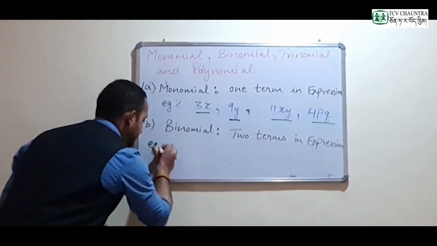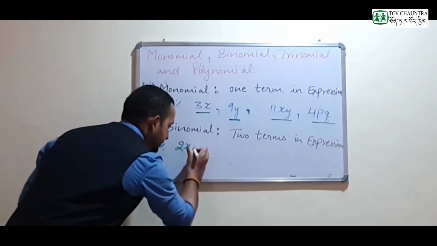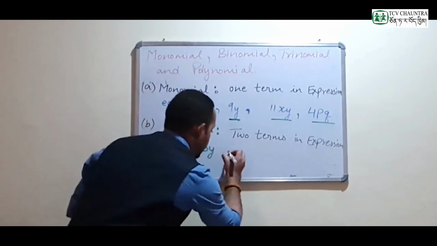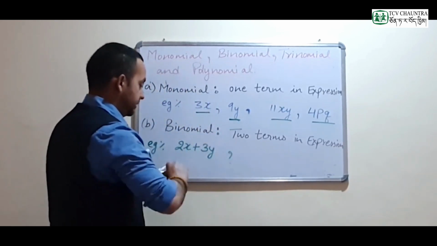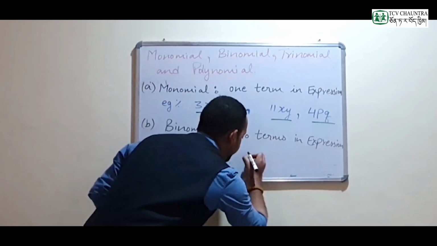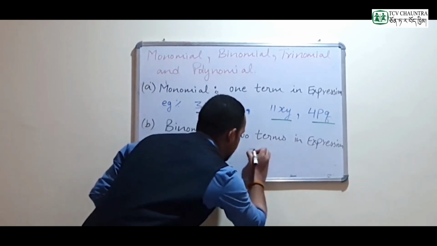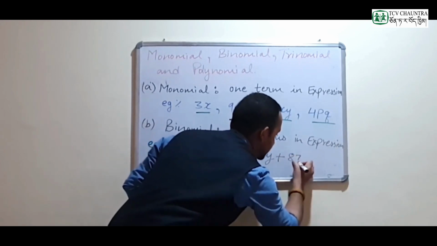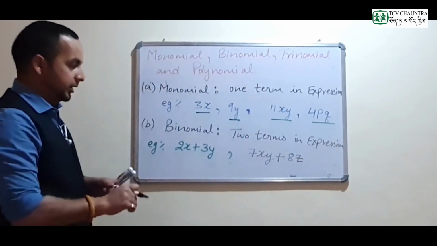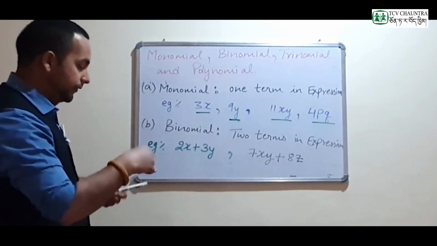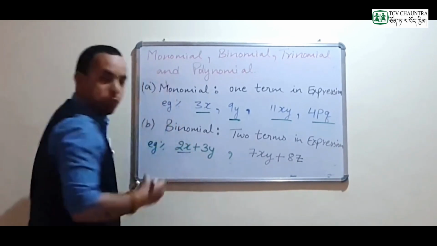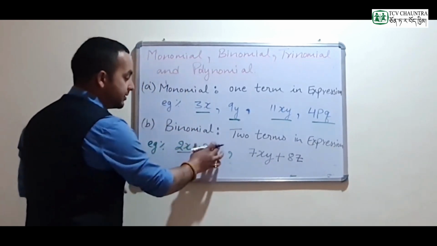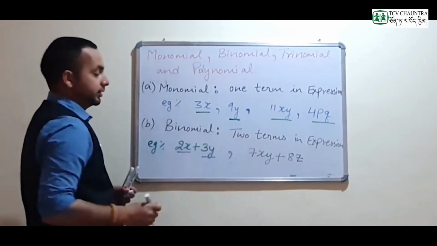For example, 2x plus 3y. Next example, 7xy plus 8z. Now here 2x is one term plus 3y is another term. So one term plus one term, then it will become two terms, right?